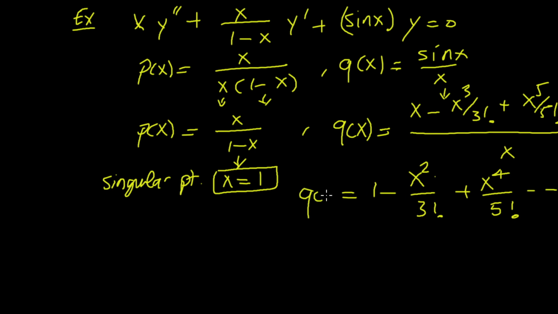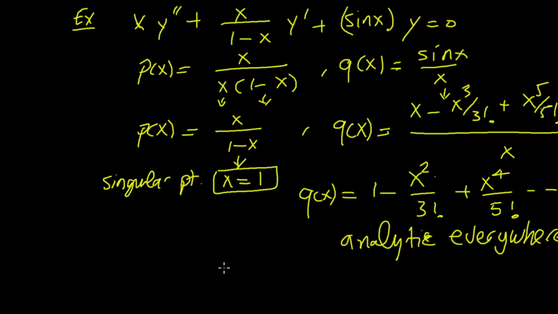So what happens is actually this is analytic everywhere. It doesn't have that issue. So really, now we can call this, maybe I'll use a different color, just like you've seen in calculus, a removable discontinuity. So this is a removable singular point.